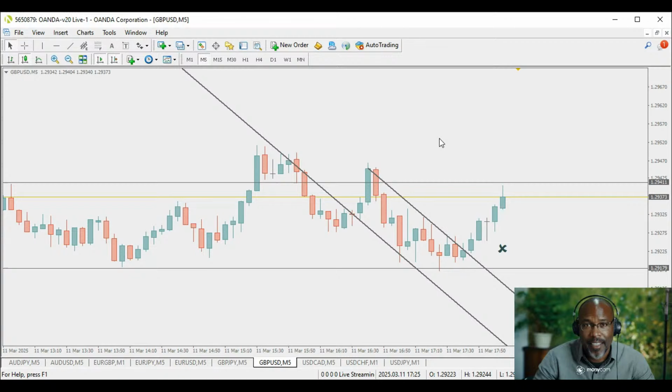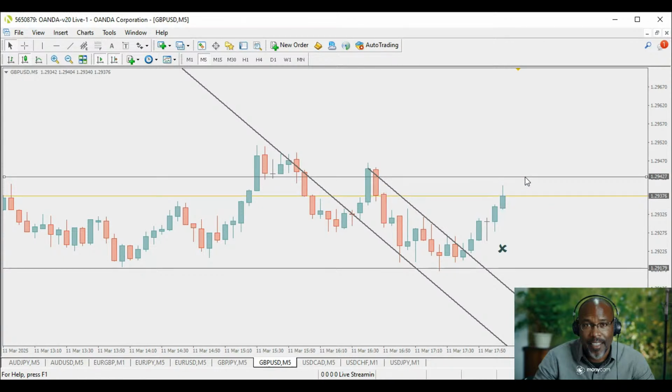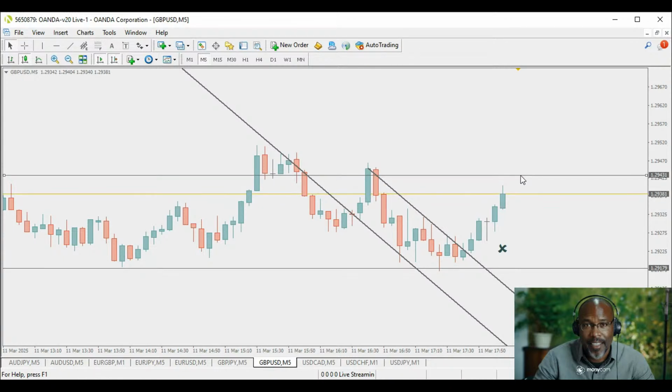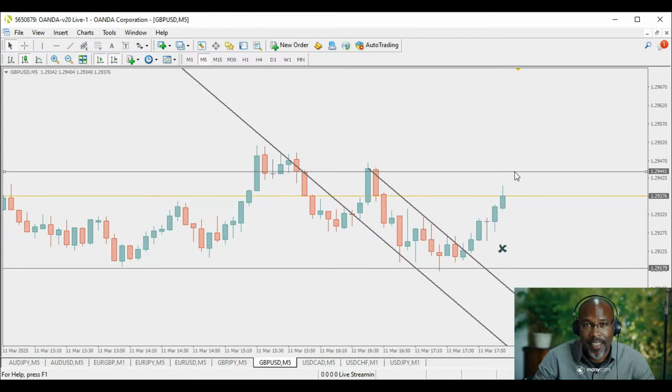There is 30-minute resistance at 1.2944. So I am not purchasing this asset.